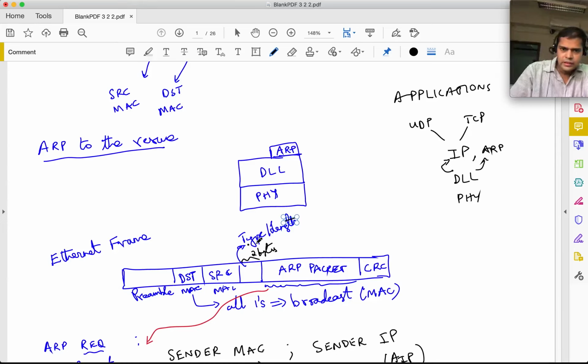So this is where the type comes in. Normally the values are less than 1500, but if the value is greater than 1536, that implies that this field is used as type rather than the length of the frame.